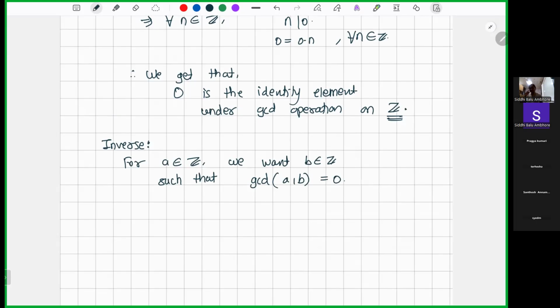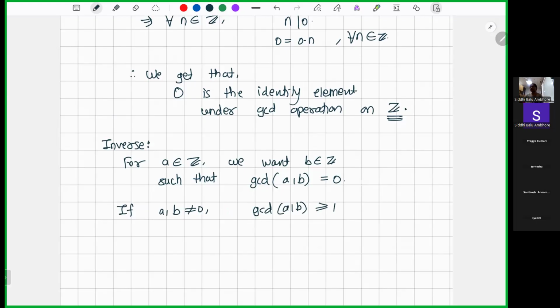So note that if A and B both are non-zero, and if GCD exists, it will be greater than or equal to 1 always.